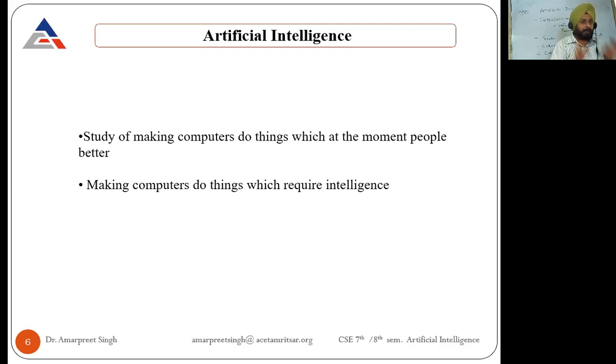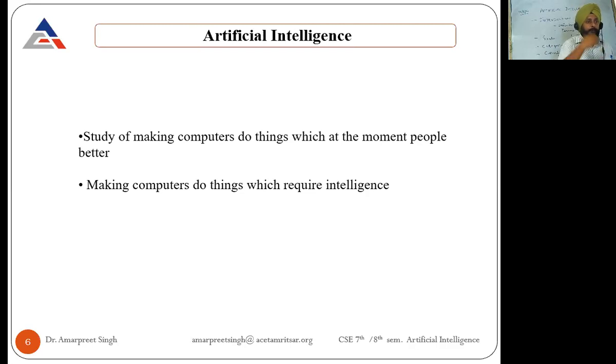In a simple understanding, you can tell this to a layman also. Any layman may ask you that there is a buzz around the word artificial intelligence nowadays in the market, so what does it mean? You simply say, making an artificial human, making a machine which acts as a human. We can replace a human. Replacing the human means it can do all the things that a human does better.